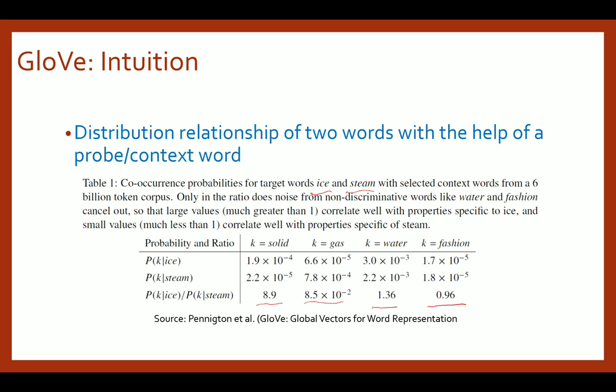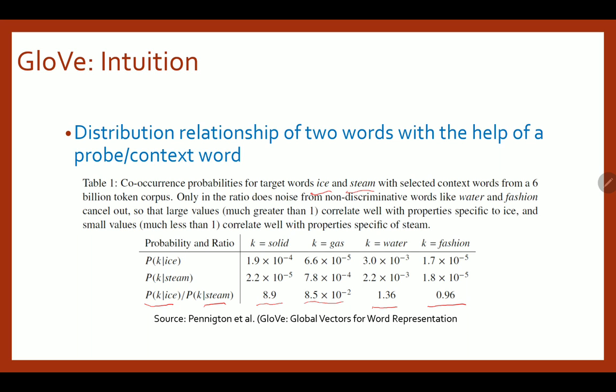While for the words which are more related to the target word ice, which is in the numerator, this ratio of the probabilities is very high. And if it is related to the gas, let's say the word steam, then it's very small compared to 1.